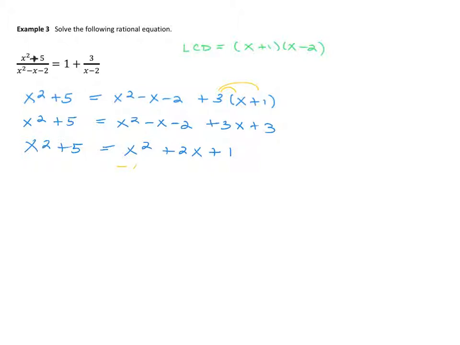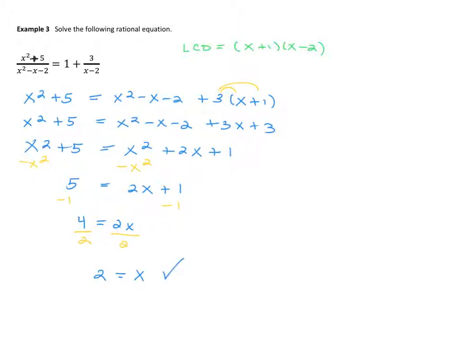I can subtract x squared from both sides. So I get 5 is equal to 2x plus 1. And if I subtract 1 from both sides, I get 4 is equal to 2x. And after I divide both sides by 2, my answer is x is equal to 2.